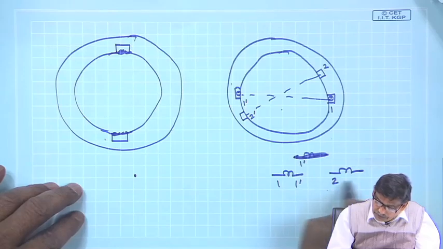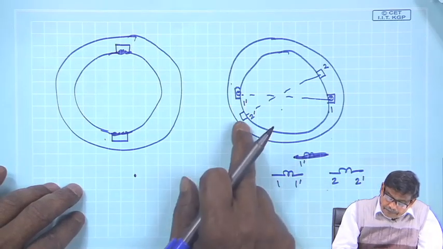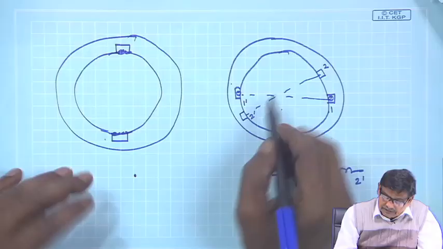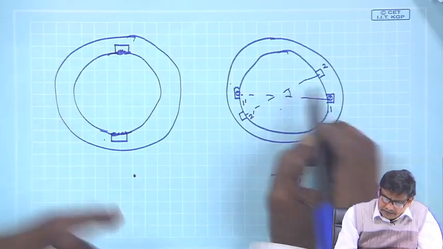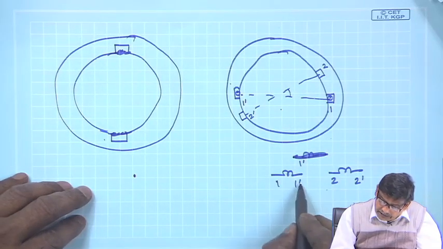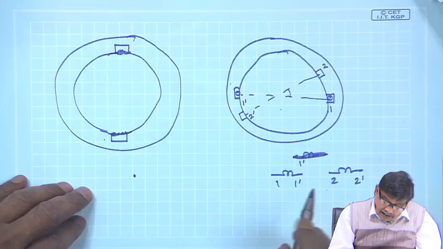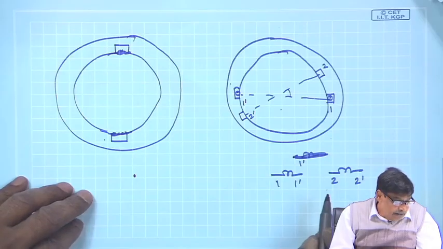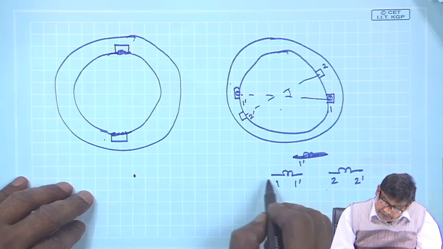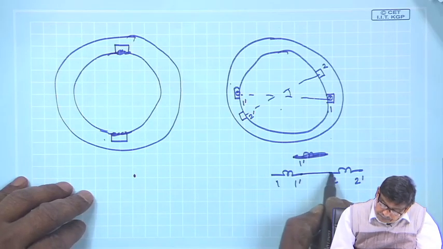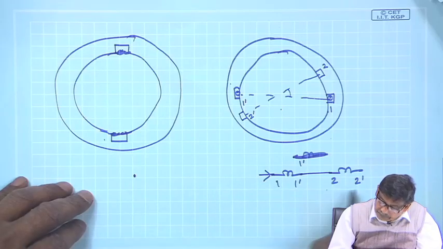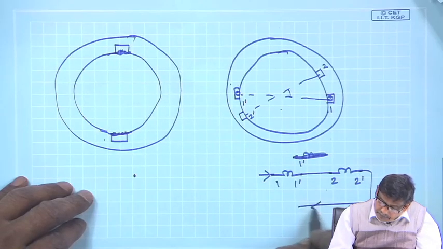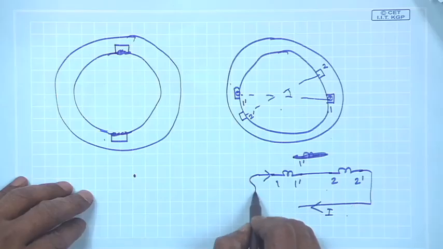Electrically, 2 dashed, there are two coils separated by some angle or space, 1 dashed, 2 dashed, and then I will connect them such that current enters through one and comes back, that is, connect a source here.